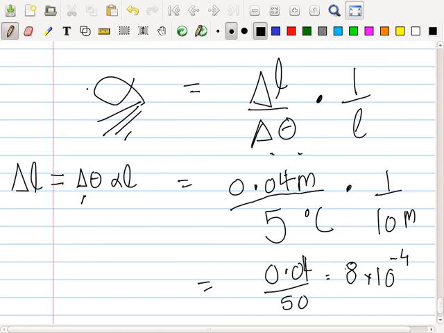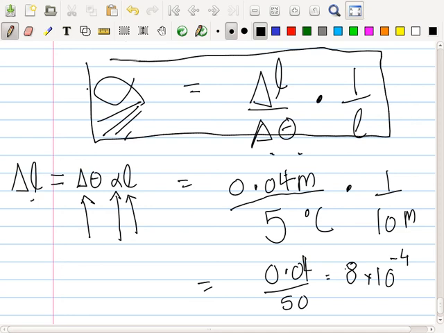If you know the change in temperature, and if you know the original length, and if you know the alpha, you can know how much bigger it gets. But this is the formula for alpha. This is to calculate the alpha constant, how easy it is to change the shape. Right, you just need this, okay?